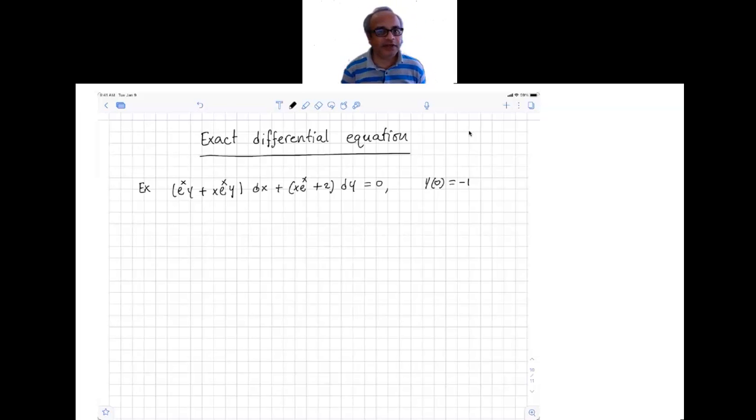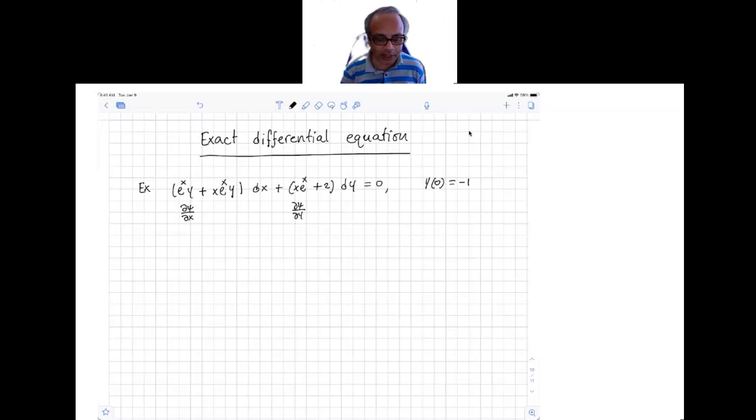If psi is your function that defines the implicit solution, then the partial derivative of psi with respect to x should match the coefficient of dx, meaning that this quantity here will be dψ/dx. Also, the partial derivative of psi with respect to y should match the coefficient of dy, meaning that you have dψ/dy.